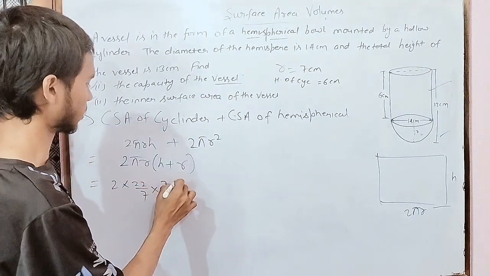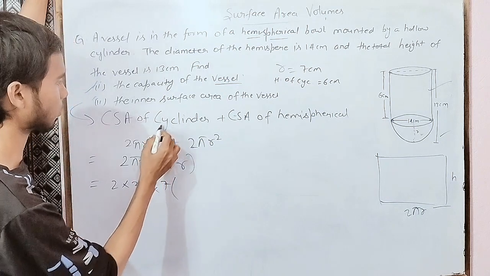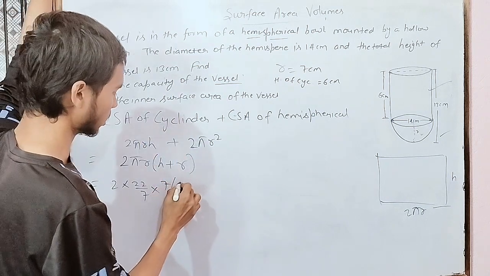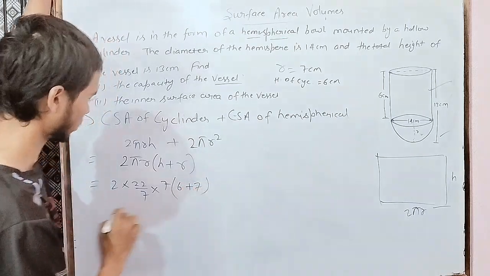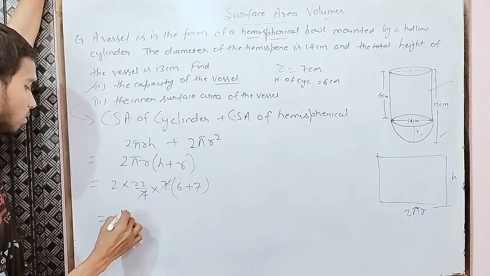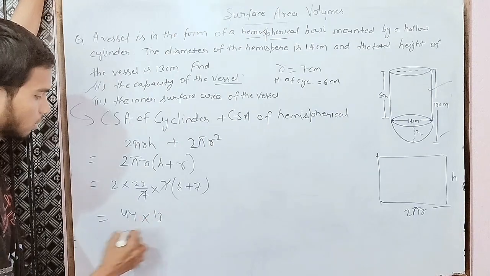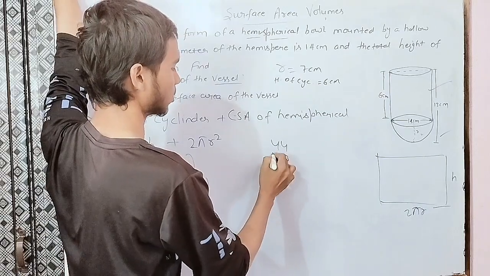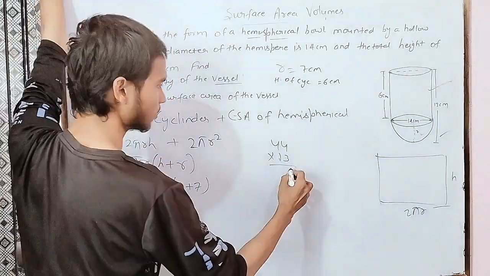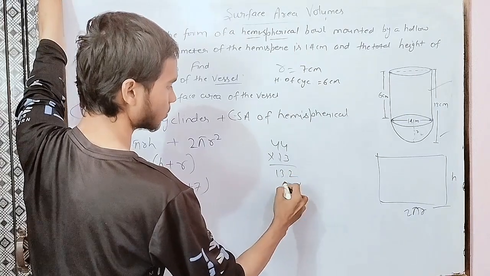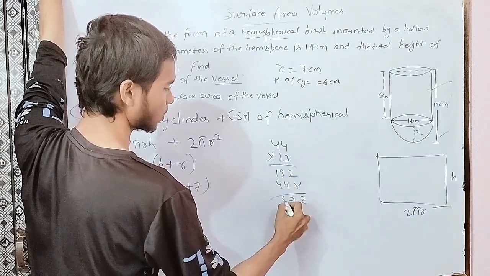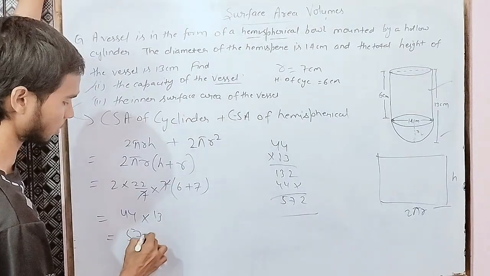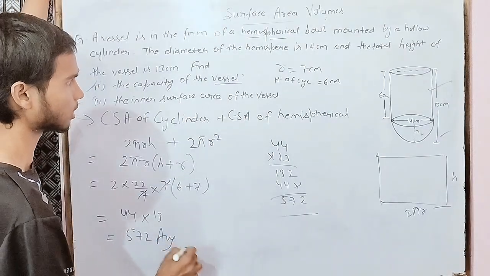R is how much? 7. H of the cylinder is 6 and R is 7. Now here you can see 44 multiplied by 13 would be how much? 44 multiplied by 13 will become 572 is the final answer.